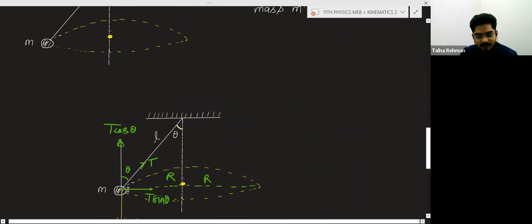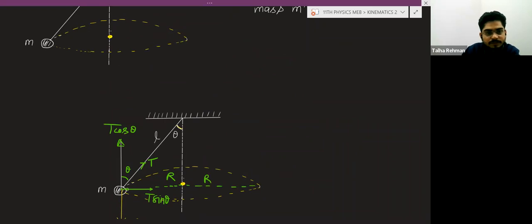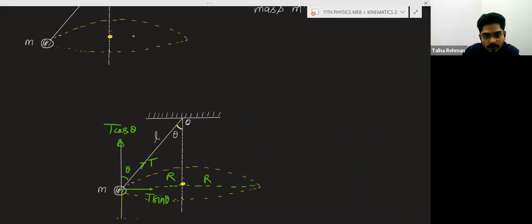Now see this triangle. Suppose this point is O, this is A, and this point is B. Now see triangle OAB.